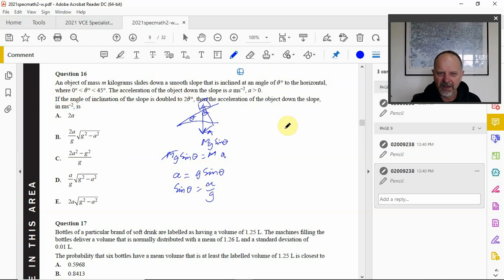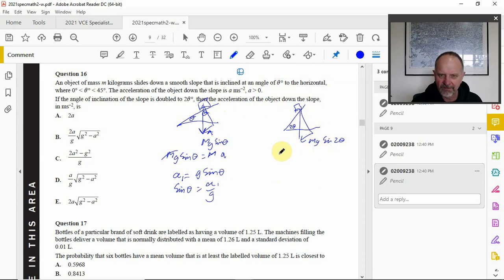The angle of inclination is now doubled, so we're now bringing this up to 2 theta. Then the acceleration is what? If I'm looking at the same thing, let's just look at the acceleration. I'll give that a 2 there. The force down the plane is still mg, but it's sine 2 theta this time, because that angle is 2 theta now.